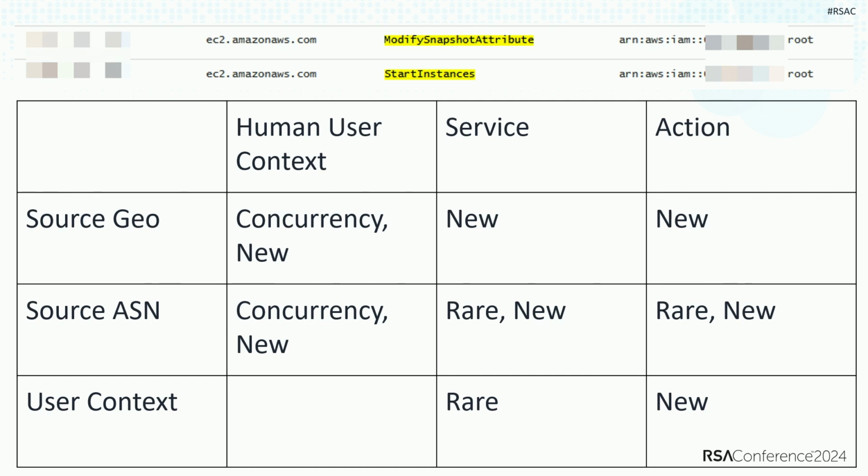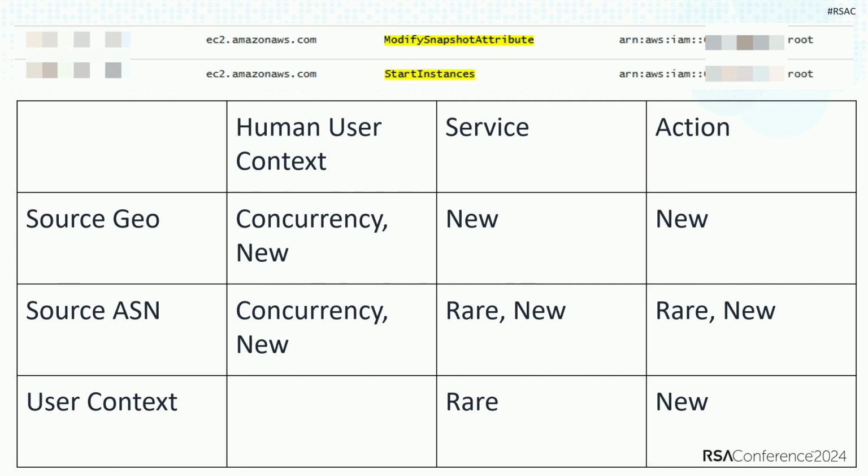And when it comes to new and rare, the reason for the combinations is, it's not always useful to say, just show me the rare or least frequently occurring events by name, or users by name, because there are going to be benign normal outliers when you're looking at any single field.